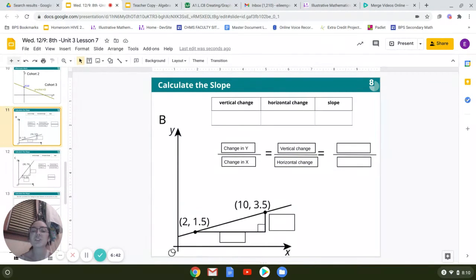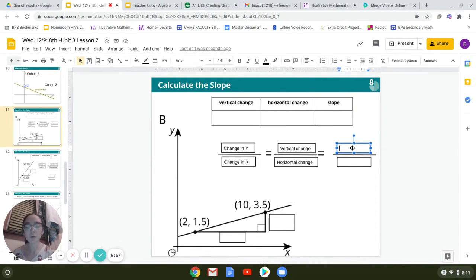So it's my change in y over my change in x. If I'm calculating my vertical change, that would be my second values here, 3.5 and 1.5, so 3.5 minus 1.5. And our horizontal change would be the change in our x values, those first numbers, 10 minus 2.